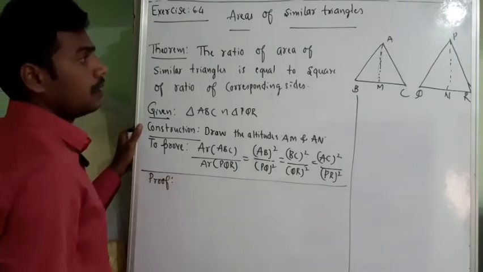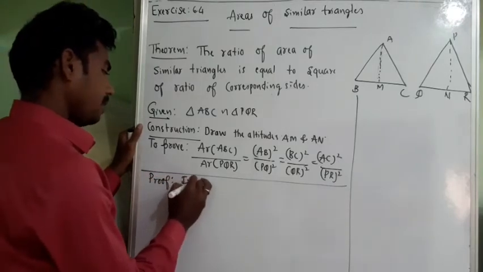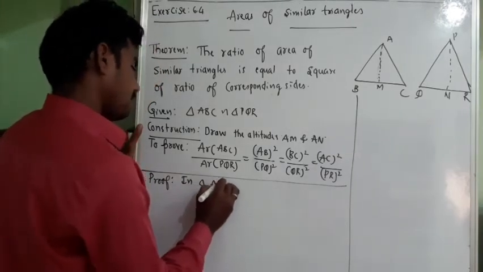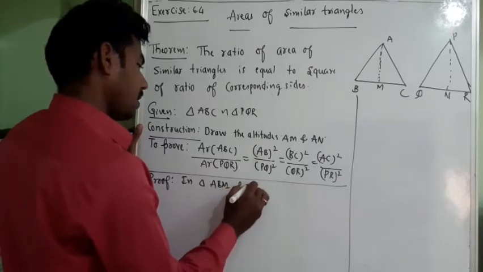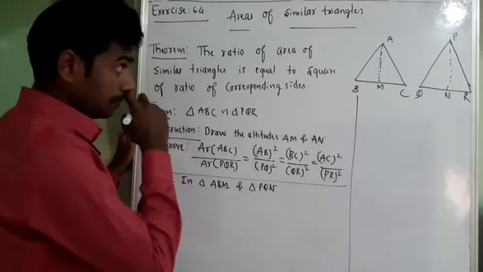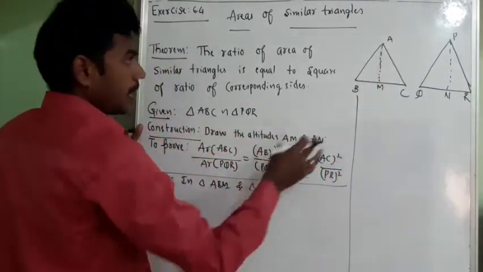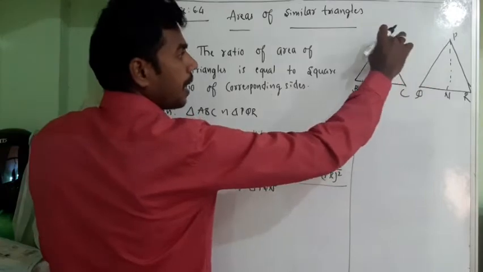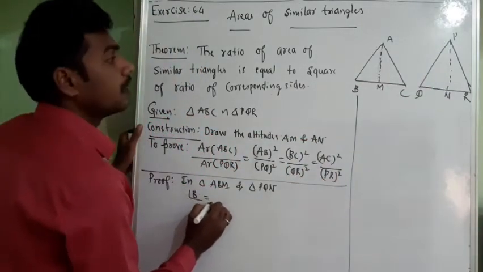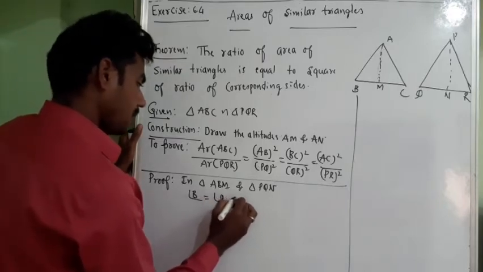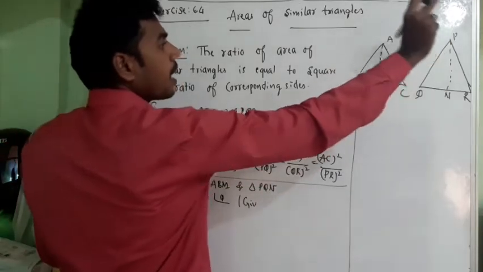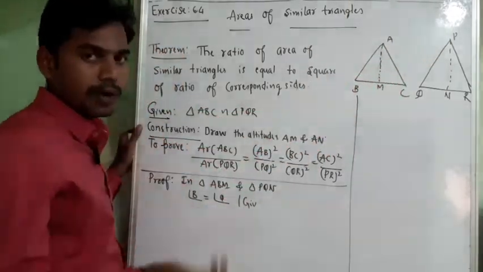Proof. In triangle ABM and triangle PQN, angle B is equal to angle Q. Why? Because it is given that triangle ABC is similar to triangle PQR, so their corresponding angles will be equal.